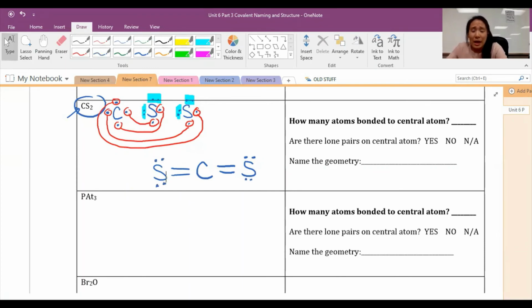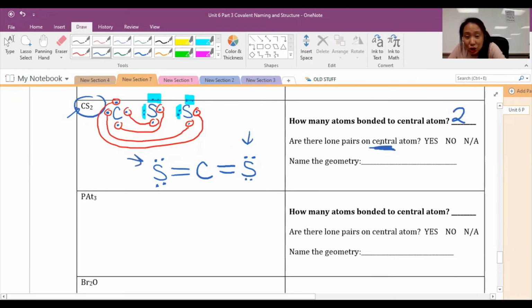So now let's think. Here are some questions that you have to consider. How many atoms are bonded to the central atom? We have 2, this S and this S. On the center, the central atom, that's the key word here, okay? Are there any lone pairs?